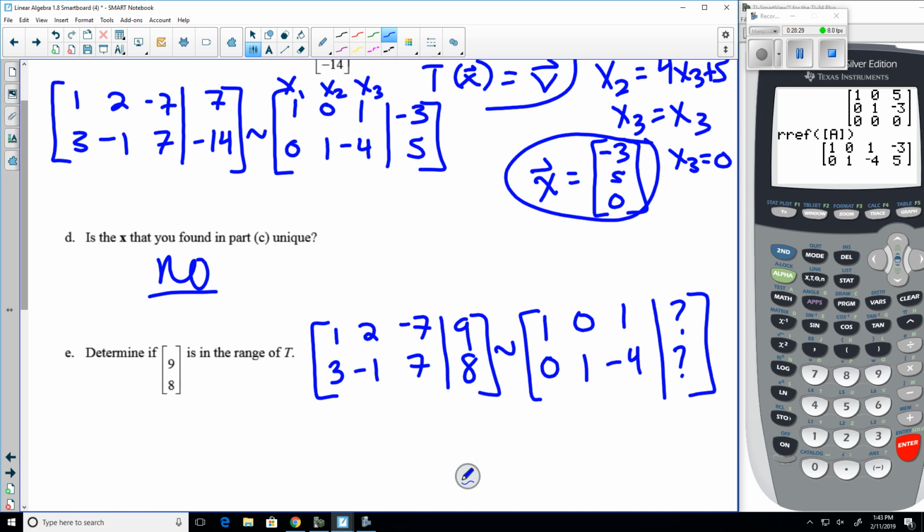The left side of the matrix would row reduce the exact same way. So can this have no solution? No. That means this vector is in the range of T. In fact, every R2 vector is in the range of this T.